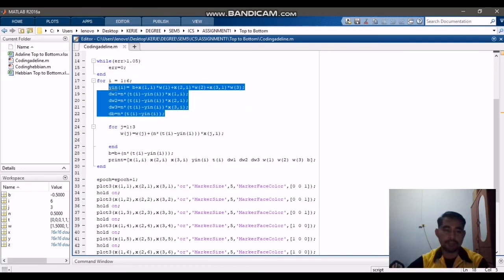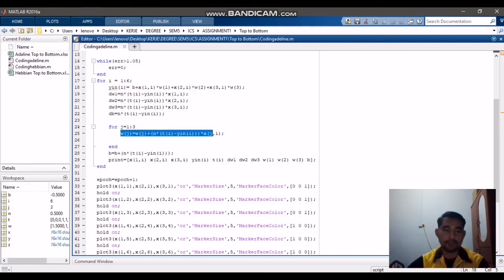And this is the usual formula for weight, where we can see here the change in the formula is here, where we need the learning rate times the summation of the target minus the summation, that is T i minus the Y in i, and we need to multiply with the X whole.